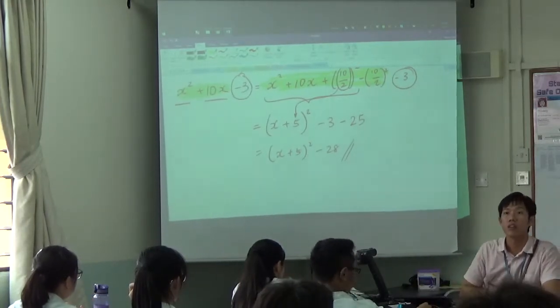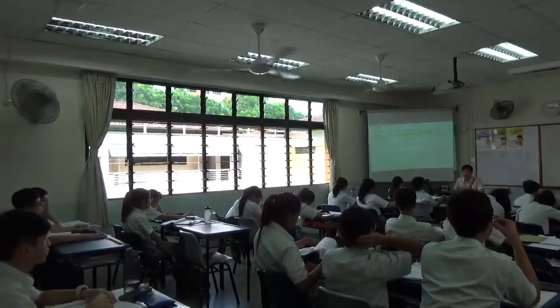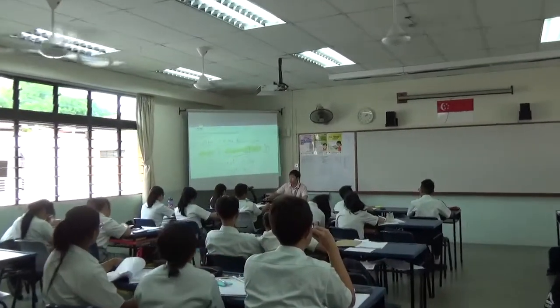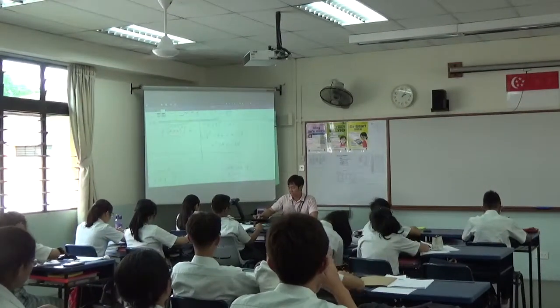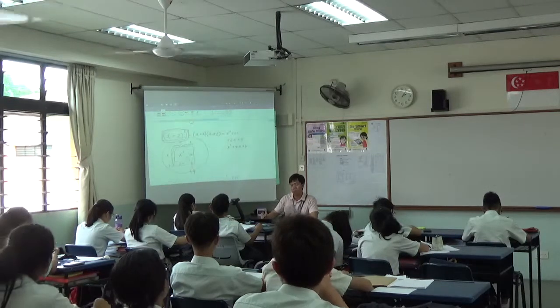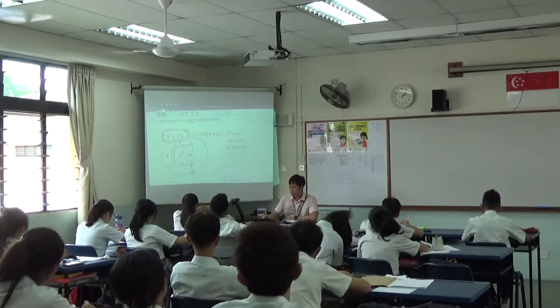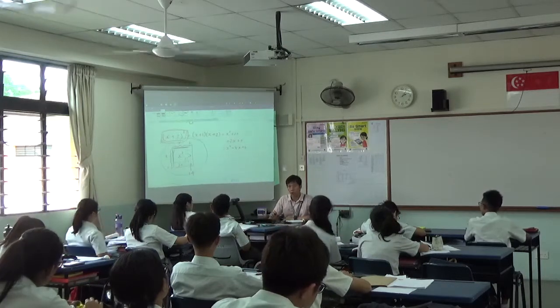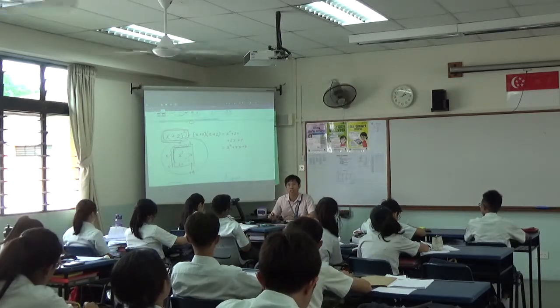Why does the coefficient of x squared need to be 1? The process of completing the square just now, I started with this diagram. Remember? I had this length and this breadth to be both x, right?